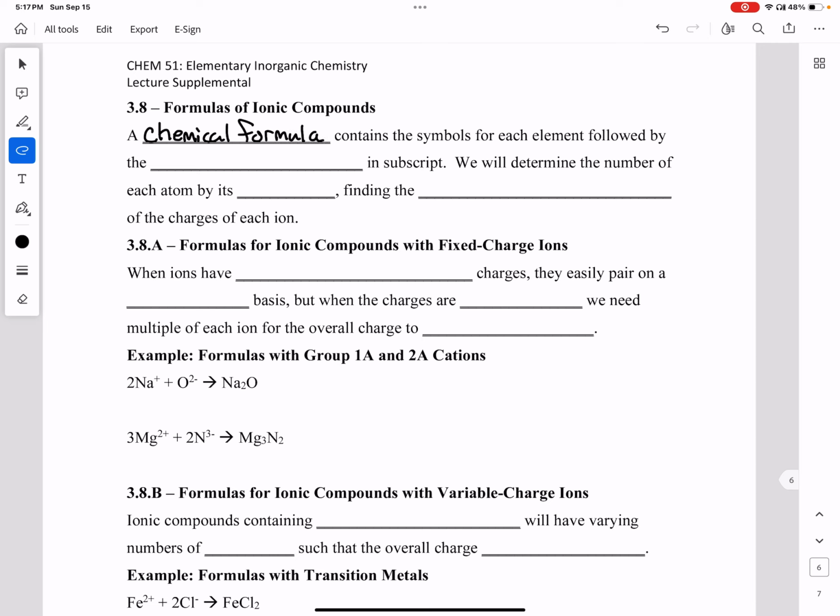A chemical formula contains the symbols for each element, followed by the number of atoms in subscript. We determine the number of atoms of each by its charge, and what we're doing is finding the least common multiple for the charges of each ion.